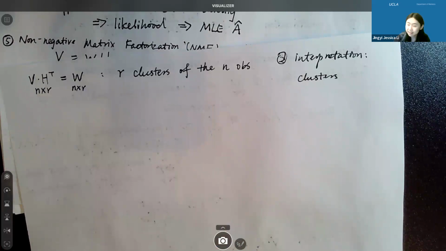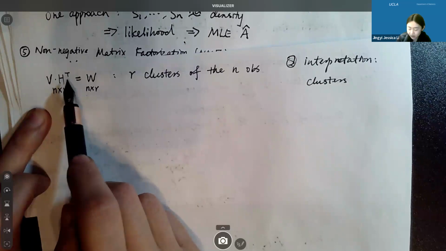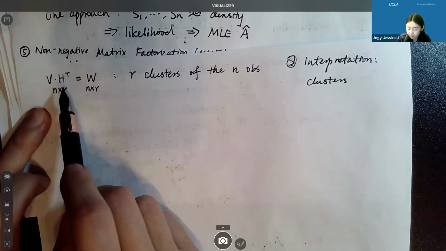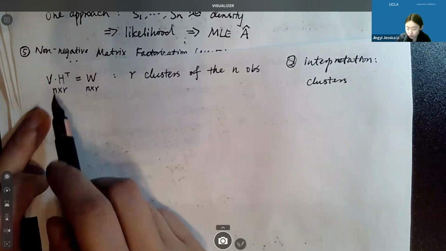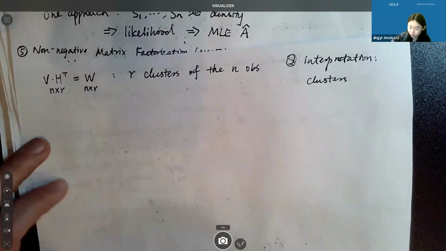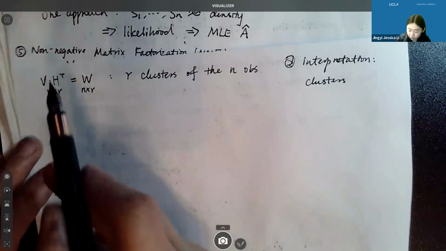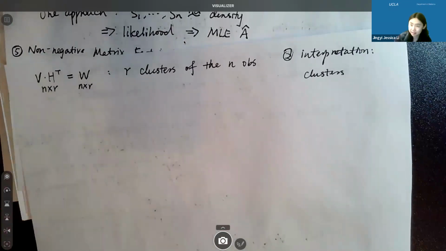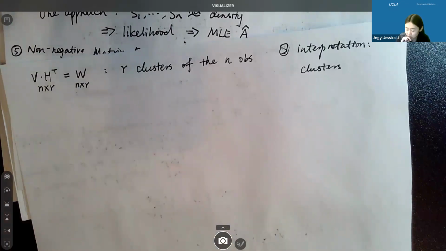But here the clusters are not totally exclusive, unlike k-means. We don't have that exclusive requirement. Even though H transpose is P by R, and each column of H is a loading that is kind of exclusive, when you multiply V, it is no longer guaranteed that the resulting W would have exclusive columns.